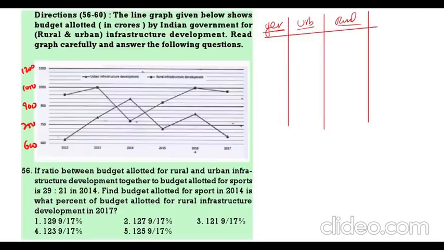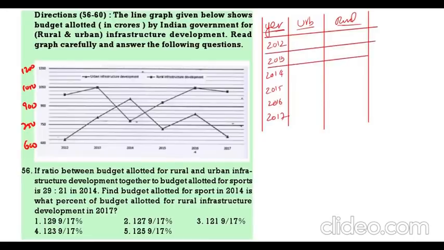Now, by taking this table only, we can answer all the questions. Years 2012, 13, 14, 15, 16, 17.